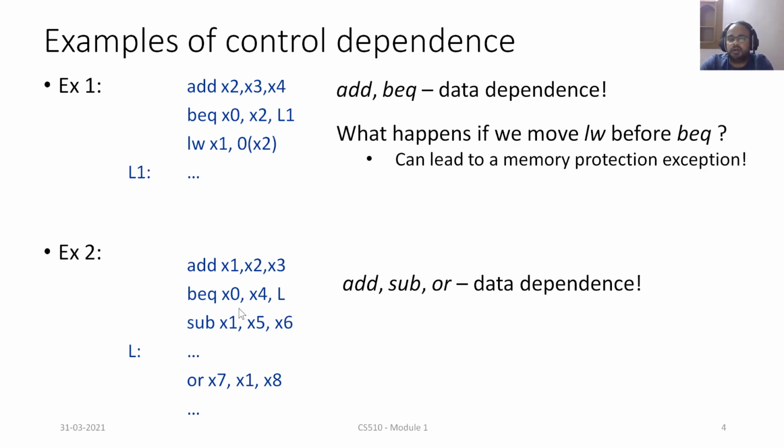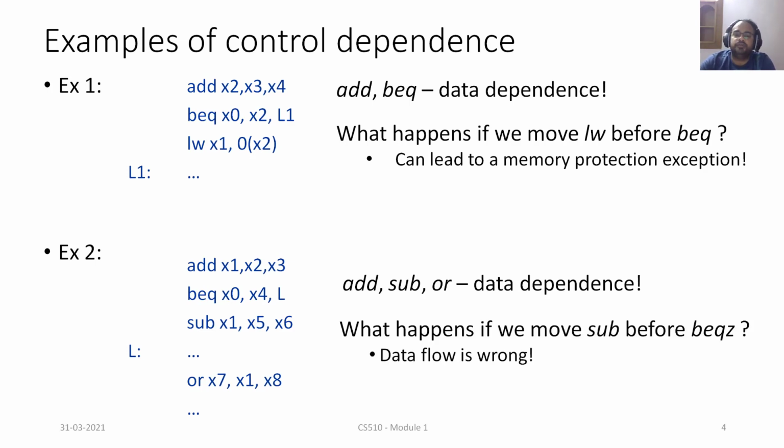So even though the registers that we have used in the control instruction are not the same as in the other instructions, it potentially determines how the data flow will happen in the program.